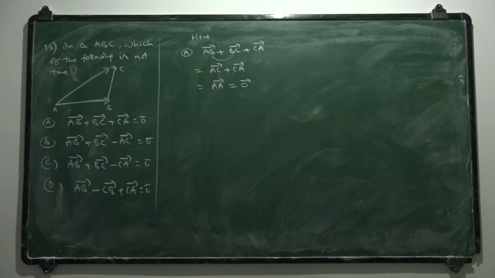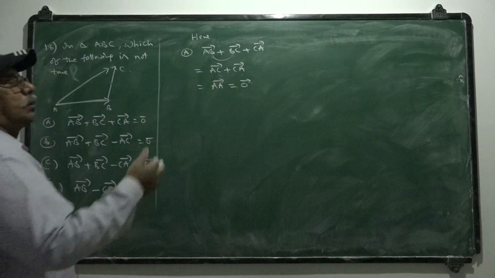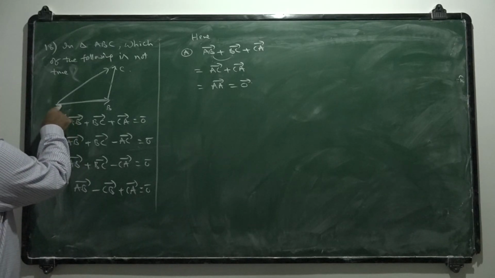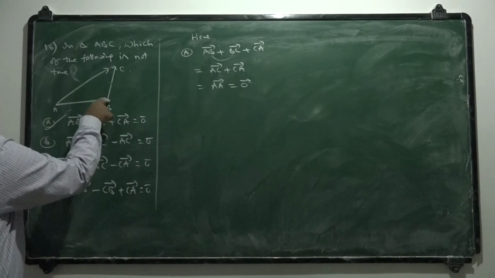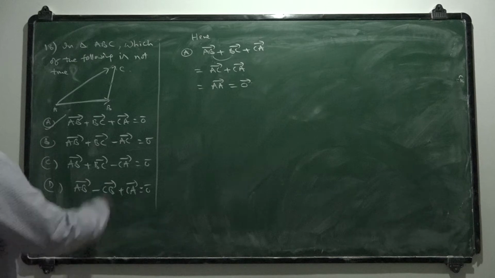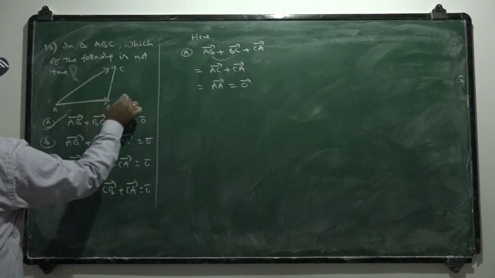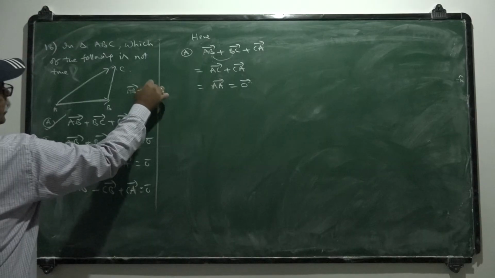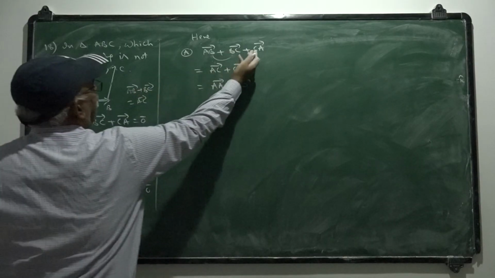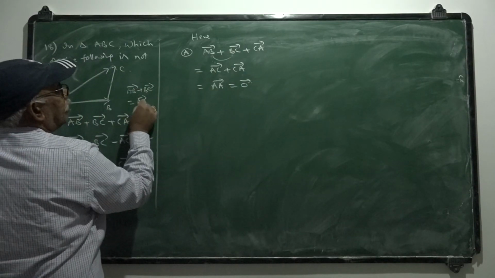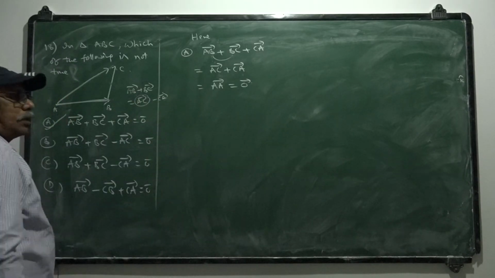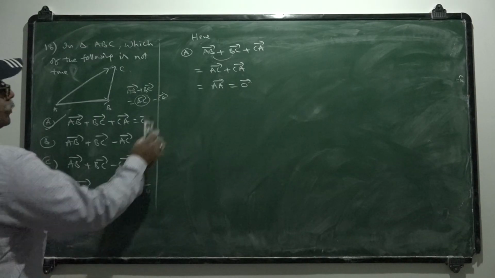AA bar represents a point A whose length is 0, hence it is a null vector. So A follows here. AB bar plus BC bar gives us AC bar, but we are taking plus CA bar. Plus CA bar means you can write it as minus AC bar. Once you transfer this vector to this side, we get 0 bar on the right hand part, which is valid here.